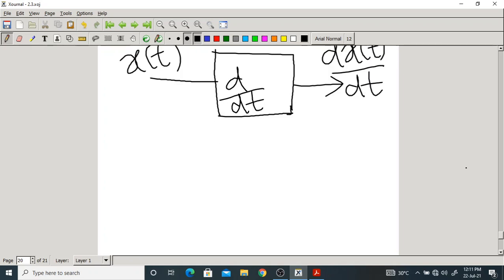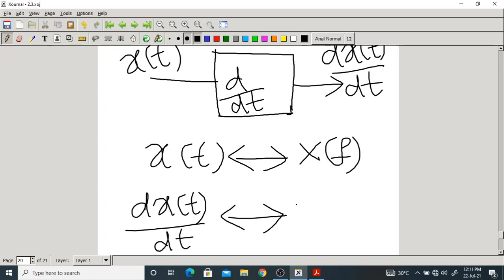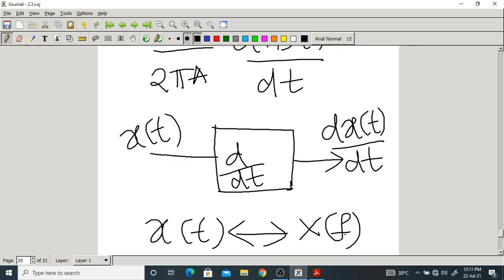There is a Fourier transform also, right? x of t has Fourier transform x of omega or x of f. What is the Fourier transform of dx of t by dt? It is j omega X of f. Which means this differentiator is nothing but j omega in the Fourier domain. We can replace that differentiator with j omega.